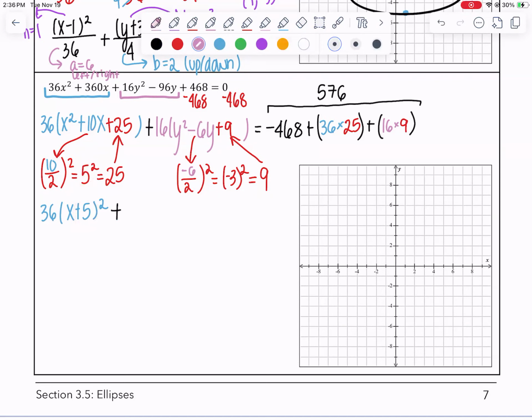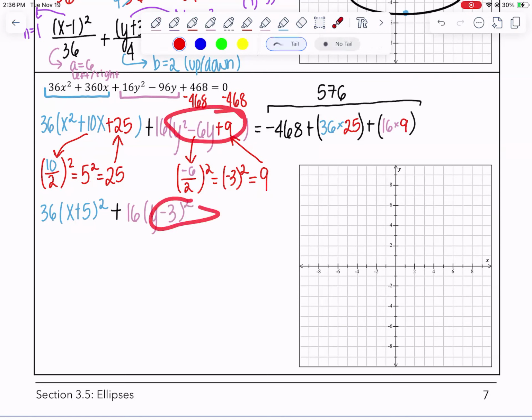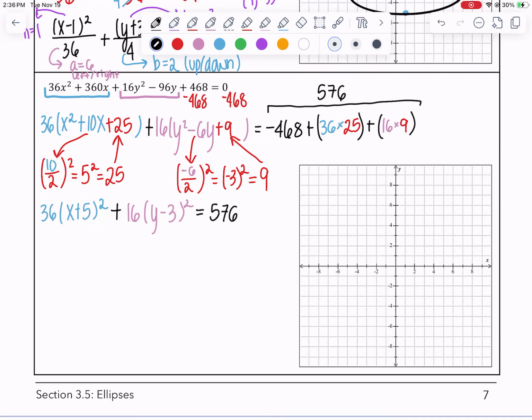Plus 16, and then half of -6 is -3, so this will be y minus 3 quantity squared, is equal to 576. In order to get the right-hand side to be a 1, we are dividing both sides by 576.